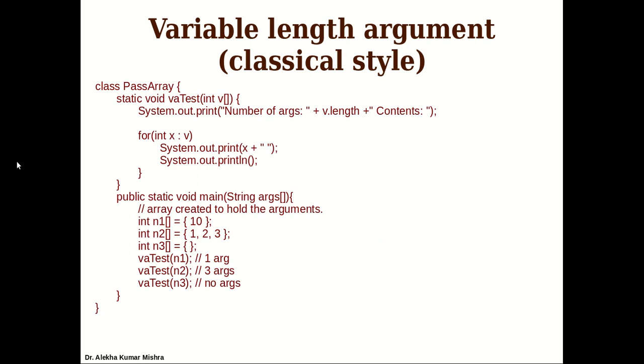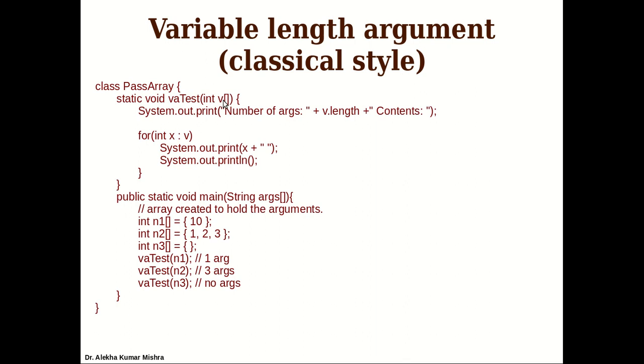Then we have one concept which is not related to input, but to passing values to a method: variable length arguments. Till now we have seen that the traditional way is to provide a blank square bracket as an argument.